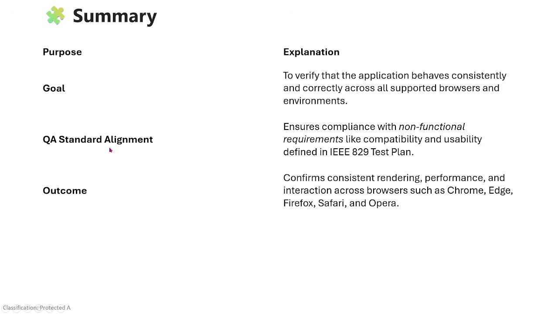QA standards alignment: ensure compliance with non-functional requirements like compatibility and usability defined in the IEEE 829 test plan. Outcome: confirms consistent rendering, performance, and interaction across browsers such as Chrome, Edge, Firefox, Safari, and Opera.